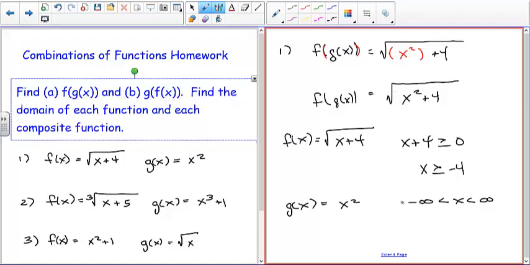So the question is now, the hard part is, what is the domain of this composite function?